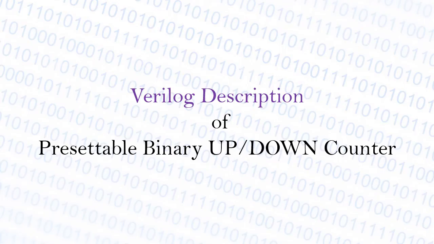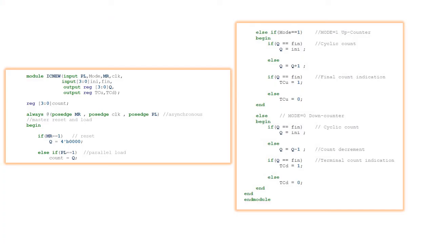The Verilog description of the up-down counter. In the Verilog description of the counter, we have inputs parallel load, mode, master reset, clock, and 4-bit wide data inputs: INI for the initial count and FIN for the final count value. We have a 4-bit output Q, and terminal count up and terminal count down outputs.